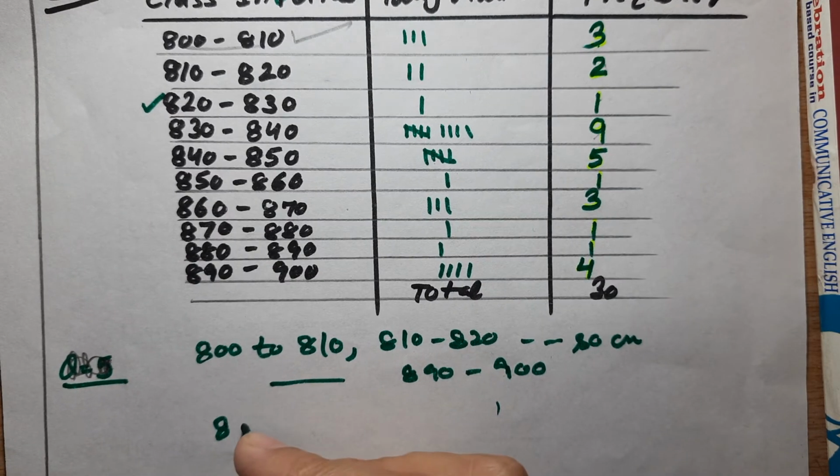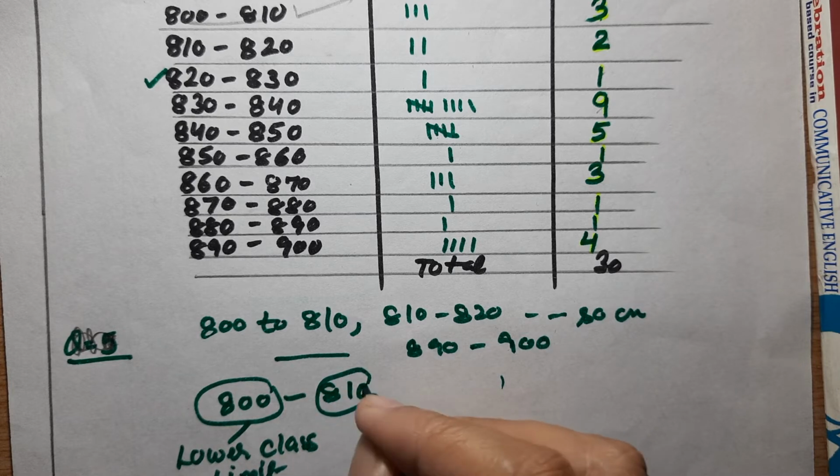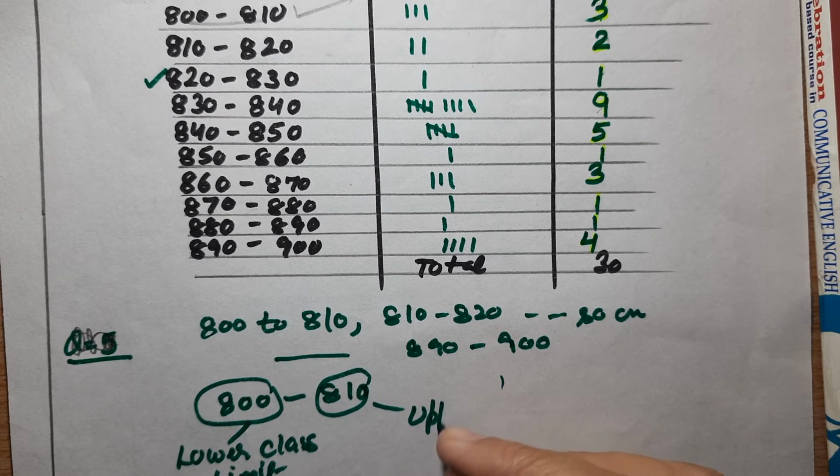Now for the interval 800 to 810, write the lower class limit and upper class limit. The starting one is called the lower class limit, and this one is called the upper class limit.